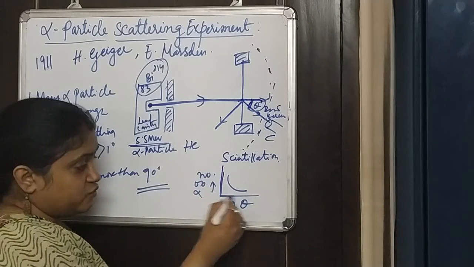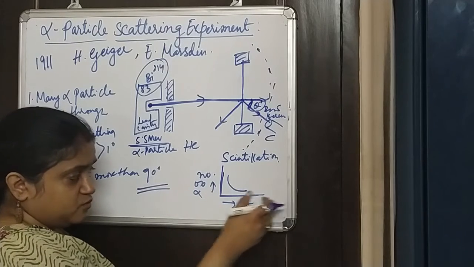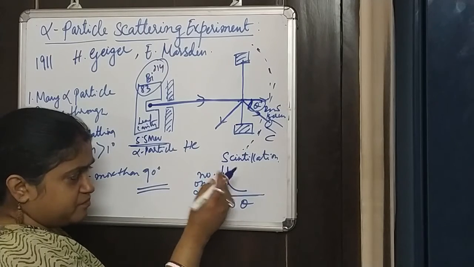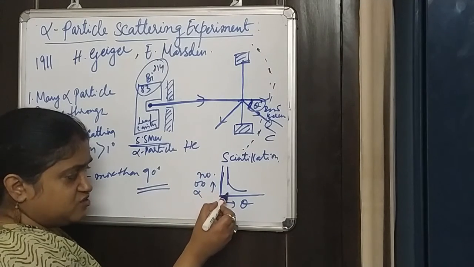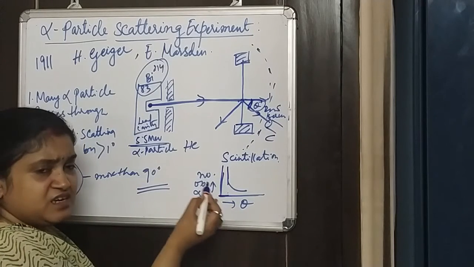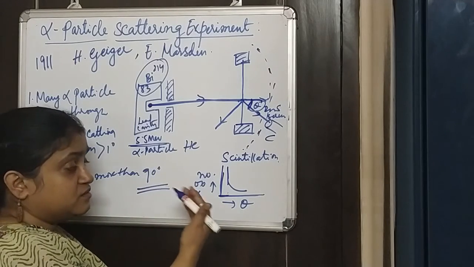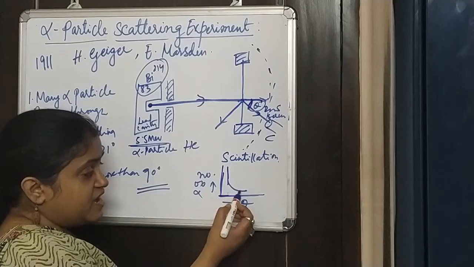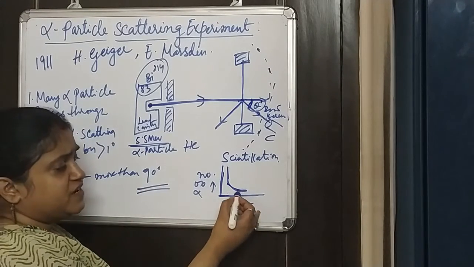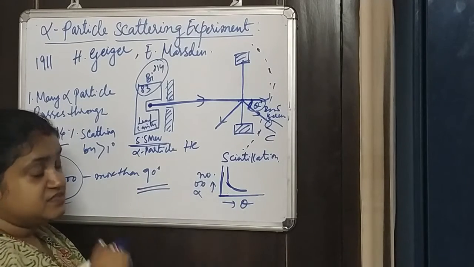This is the graph. As the scattering angle increases, the highest number of alpha particles did not get scattered, or scattered by a very small angle, not even a degree, only a few were more than a degree, and more than 90 degrees was very few. The numbers become very small as the scattering angle increases.